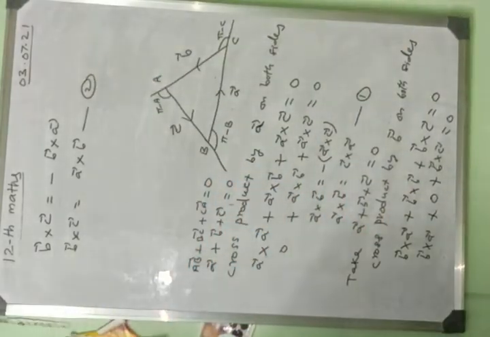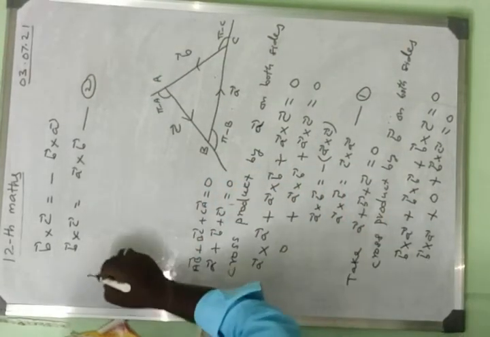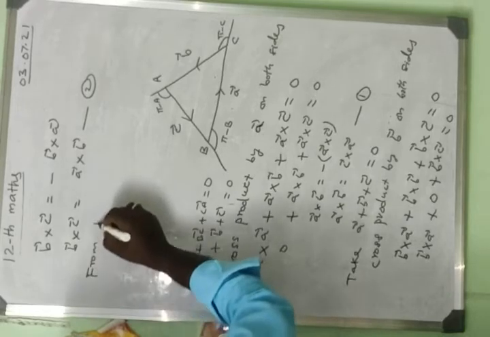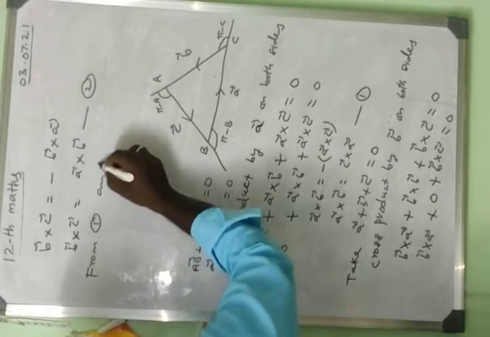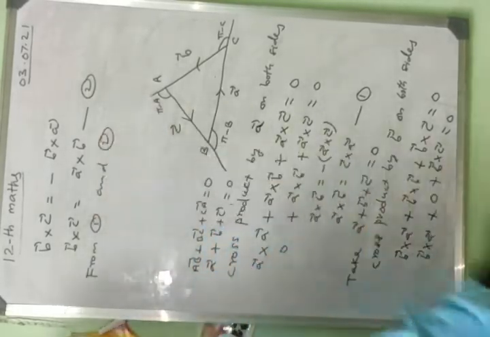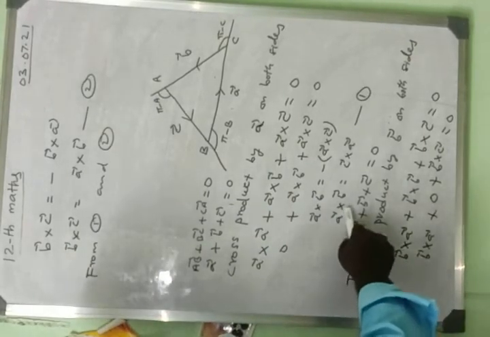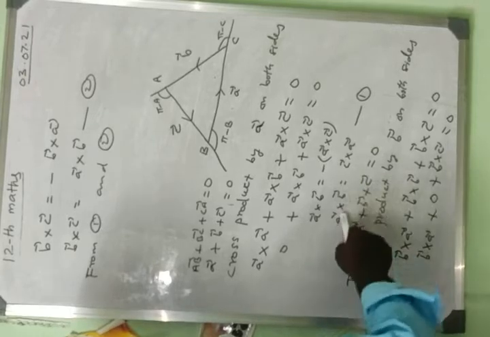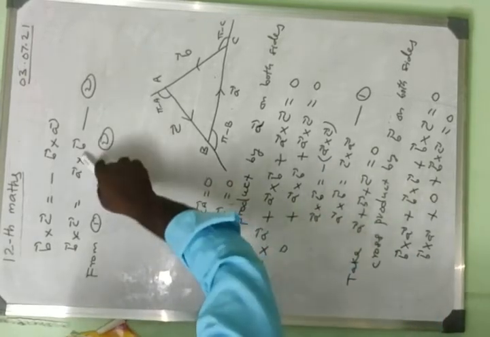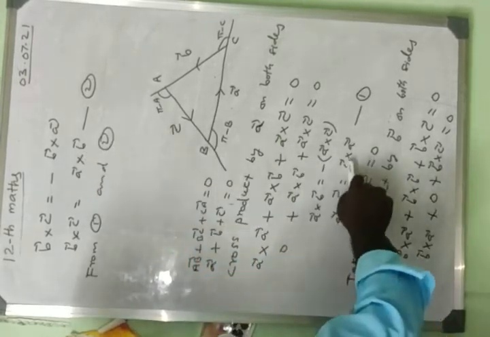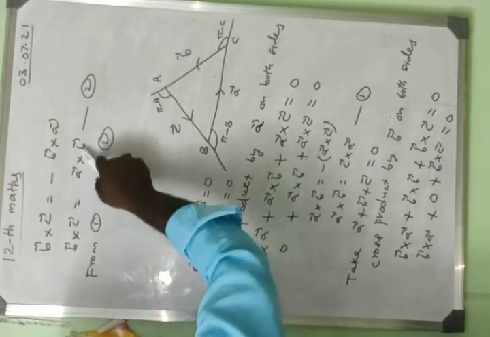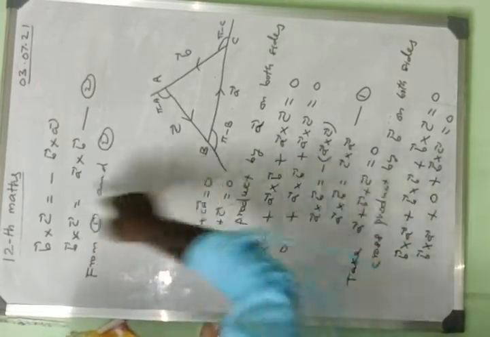Now compare the first and second equations, from 1 and 2. In the first equation, A cross B is equal to C cross A. Here also A cross B equal to B cross C. So both are equal.